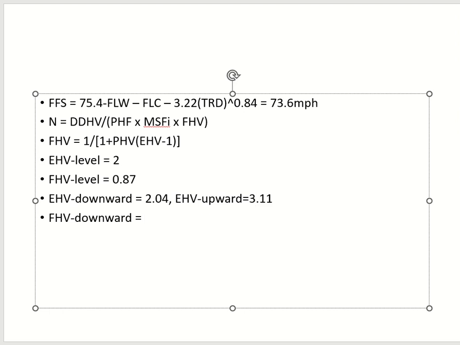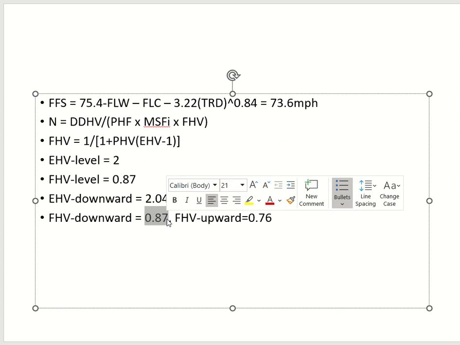Okay, give me the FHV values now. 0.76. Okay, now you can notice here that level and downward are same by chance.